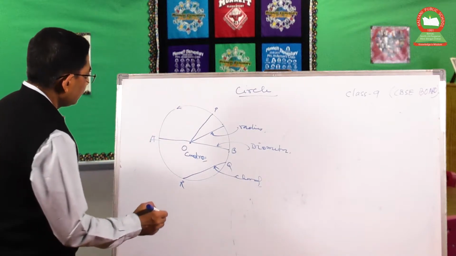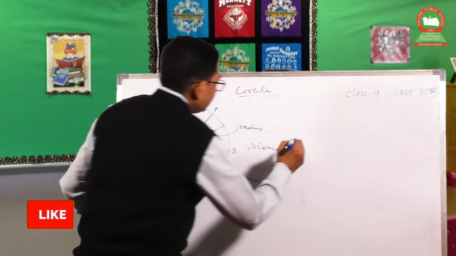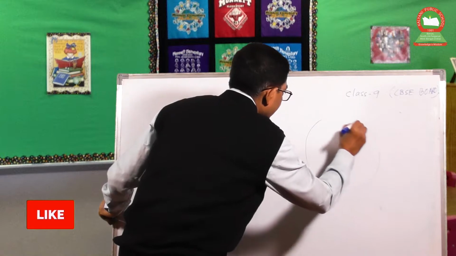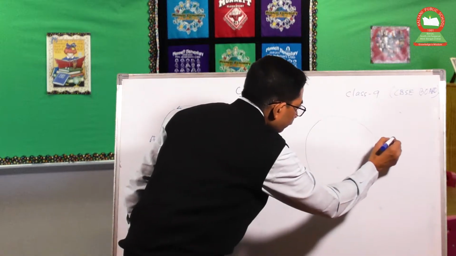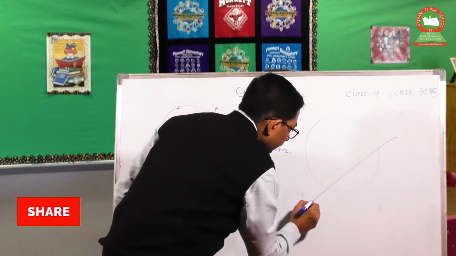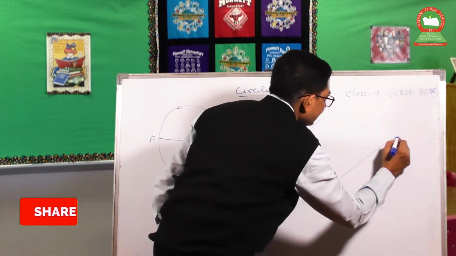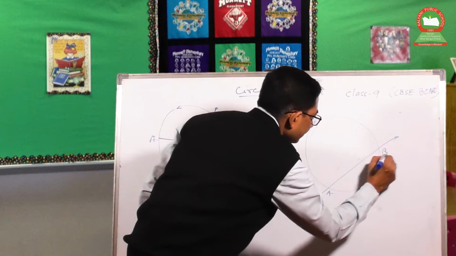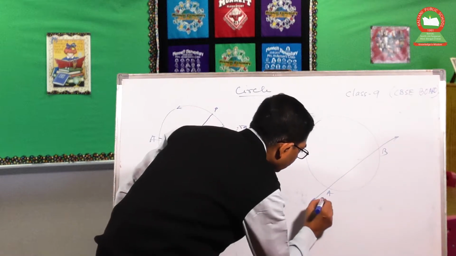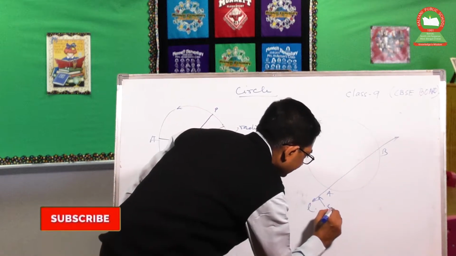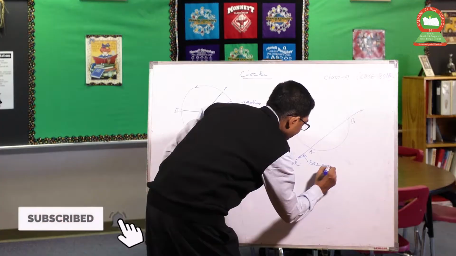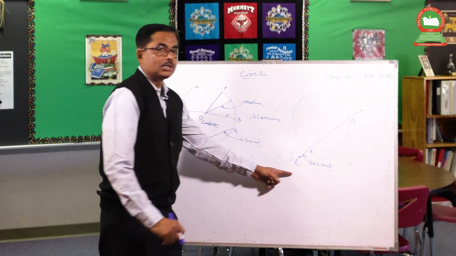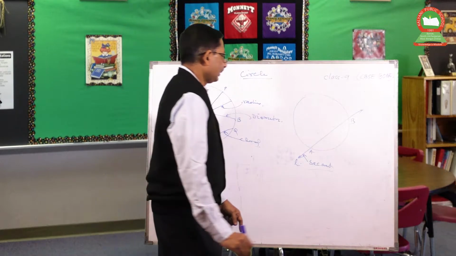Next, any line which intersects a circle at 2 points, suppose A and B, is called the secant. This L is called the secant.